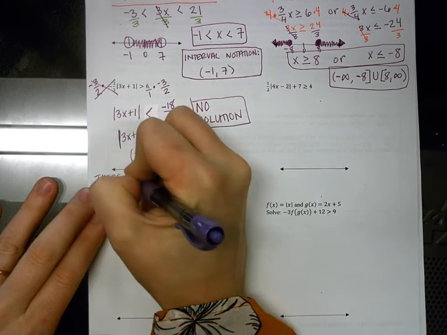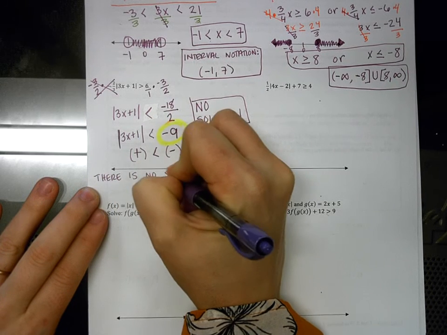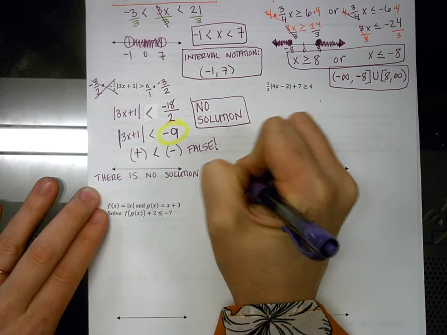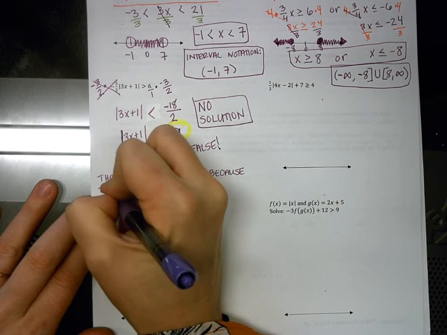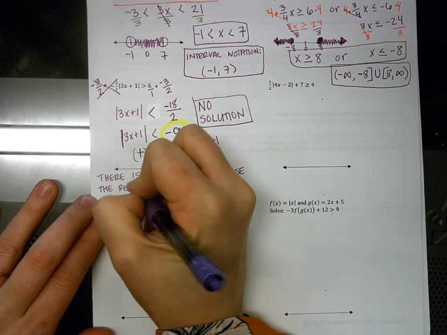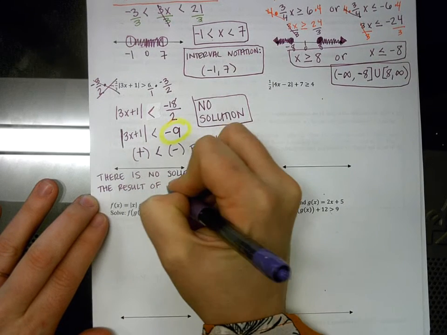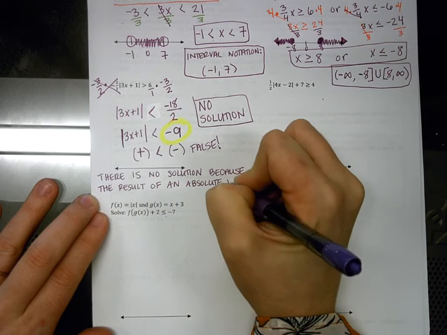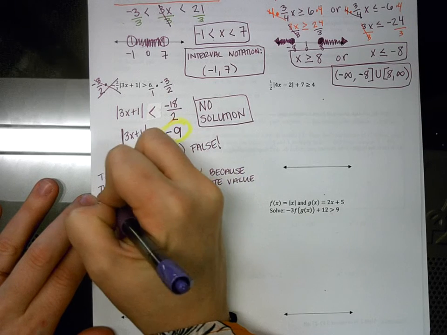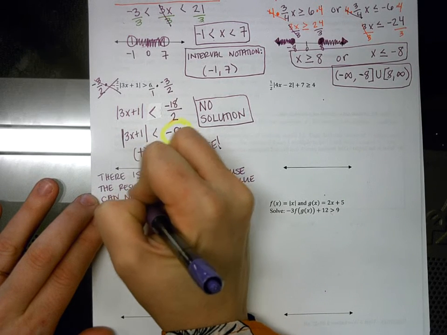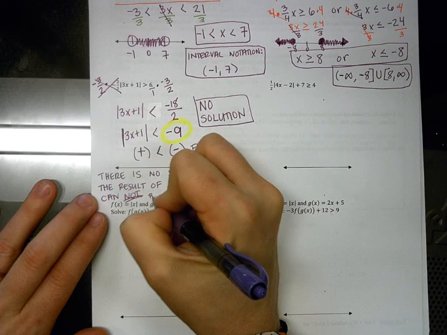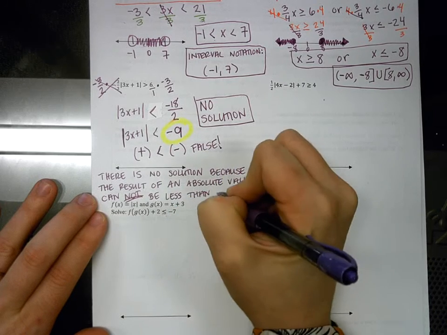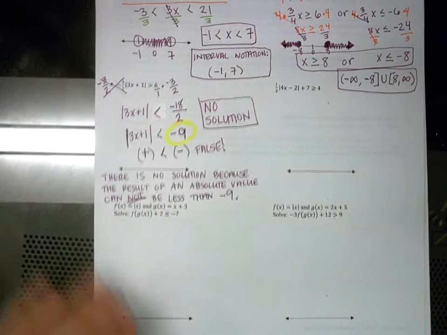There is no solution because the result of an absolute value cannot be less than what? Yeah, you could put a negative number, you could put -9.